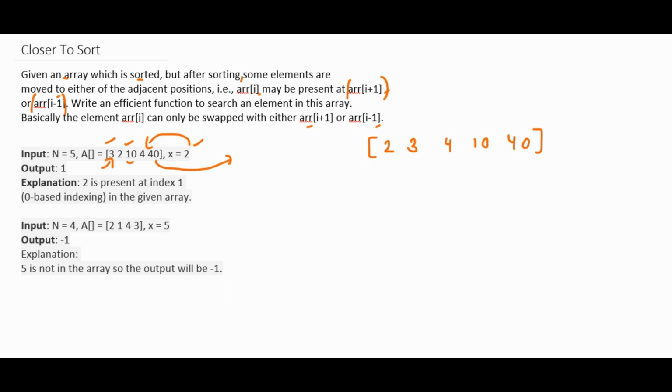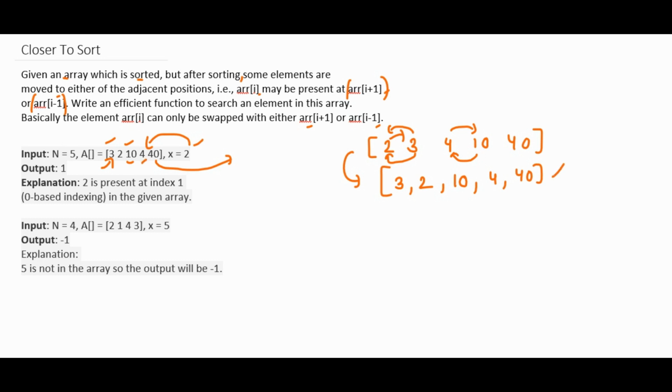So how we got this array is we have swapped 3 with 2, which is 3 with its adjacent element and 2 with its adjacent element. So it will look like 3, 2. Now we have also swapped these two elements. They are adjacent, right? We can swap them. So this is 10 and 4 and then 40, right? So this is the array that we are given.